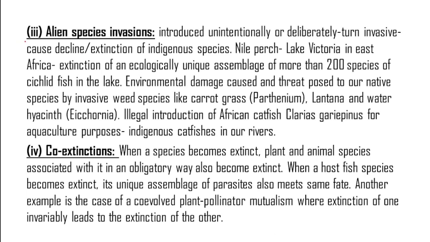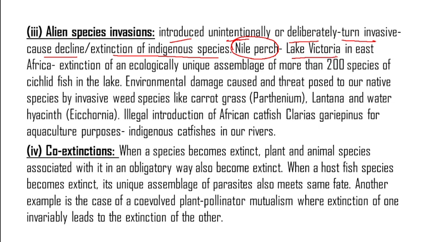Now, the third reason is alien species invasion. Due to some alien species introduced in a particular area, the indigenous species might get affected. Introducing any organism, unintentionally or deliberately, sometimes turns out to be invasive, which causes the decline or extinction of indigenous species. Here the example of the Nile perch is given, important.